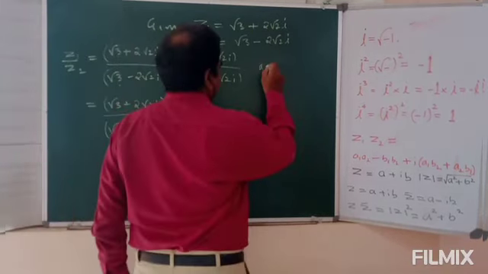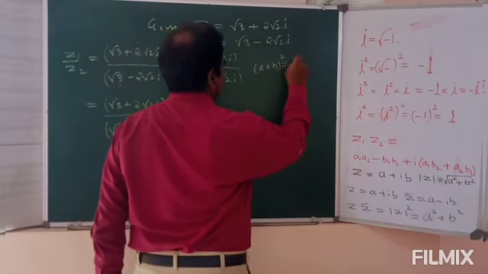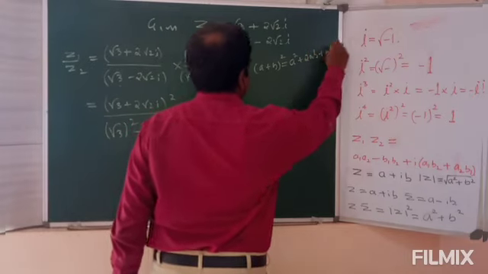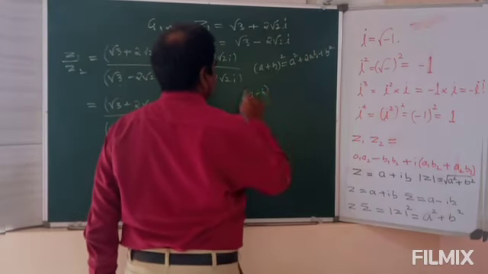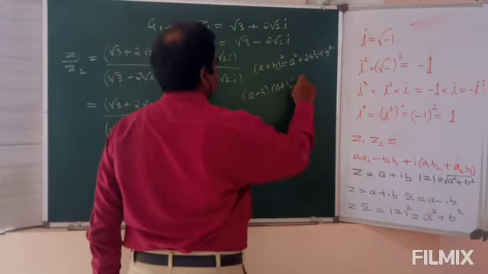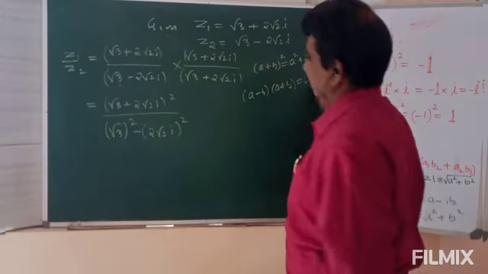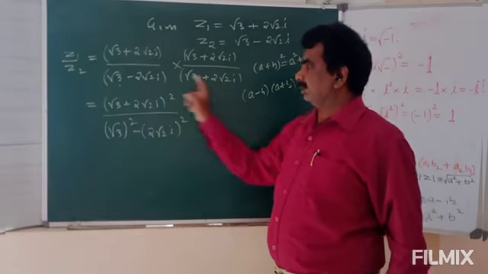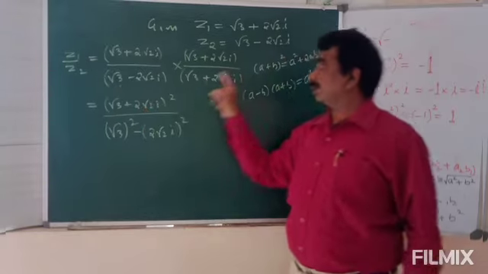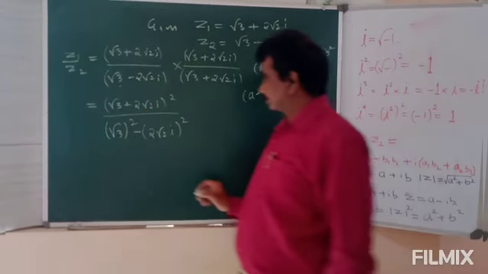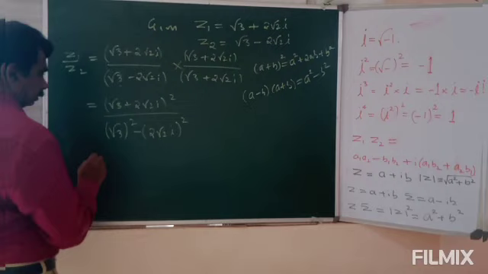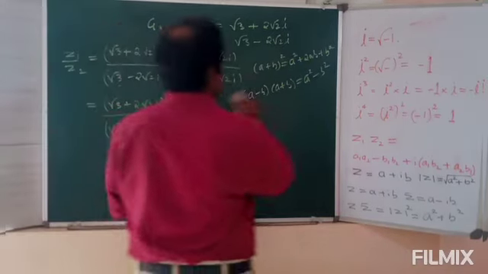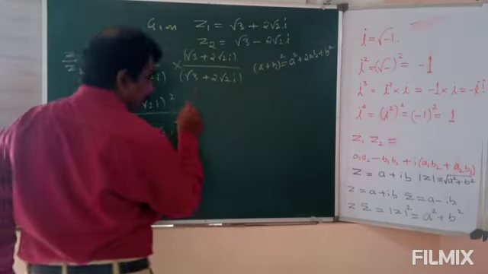We know that a plus b whole square is equal to a square plus 2ab plus b square, and a minus b into a plus b is a square minus b square. I will arrange this one because of shortage of place.